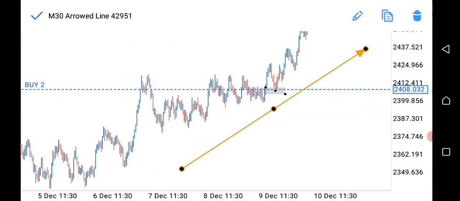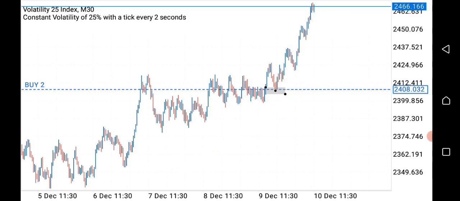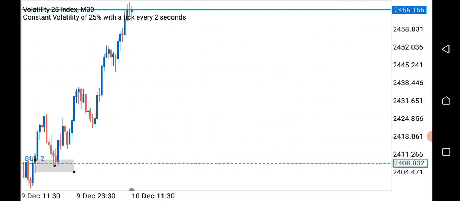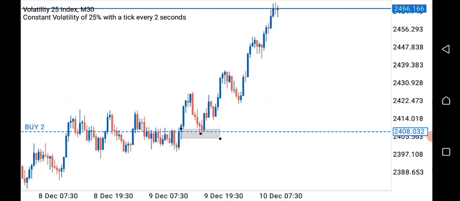You only look out for demand zones. Now you can see this clear break of structure to the upside. Did you see this? This high took out these previous highs, though these are equal highs. So this move to the upside took out these previous highs, also leaving an imbalance.